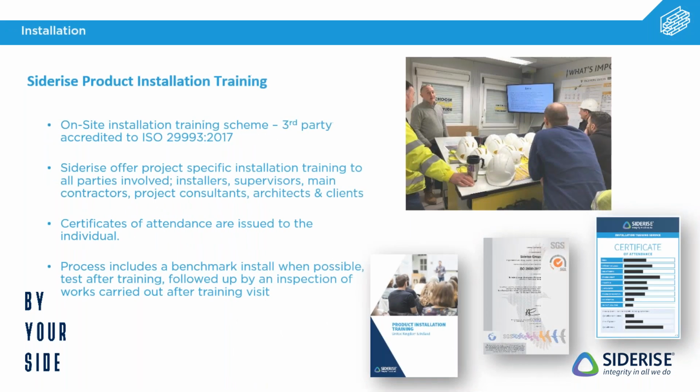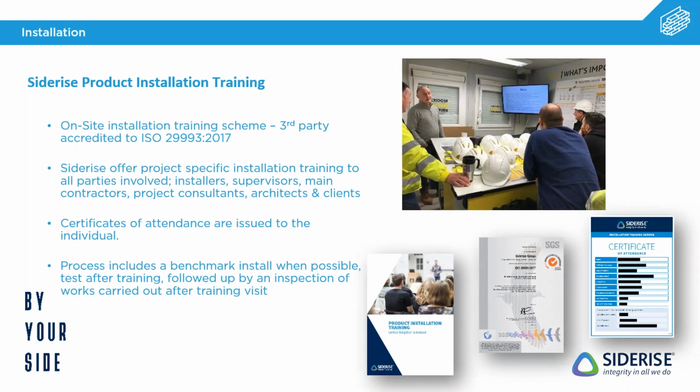But to make sure that they do, we offer free of charge training, which is actually third-party accredited, our training program, as it doesn't just involve coming and giving a talk to the installers. We actually do a classroom session. We test the installers, make sure they've been paying attention, and then we won't actually issue the certificate of attendance until we come back, say, a week later, and we audit the products that they've been installing to make sure that they have absorbed that training and are utilising it with installation of the products.